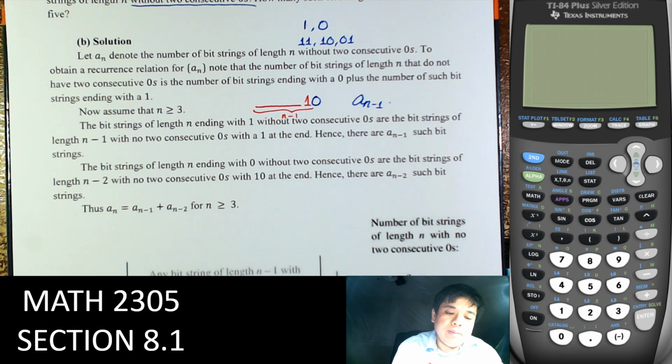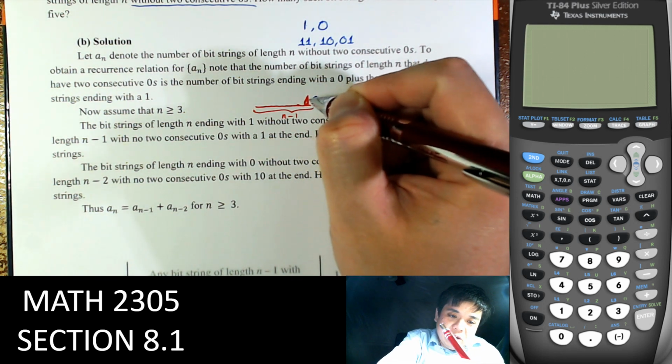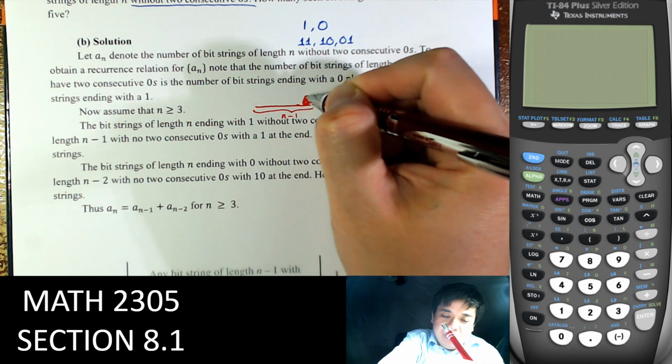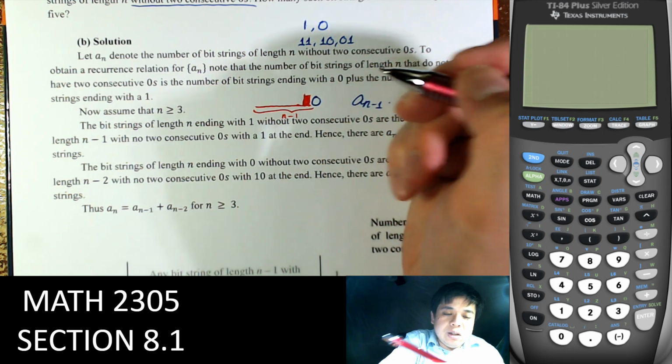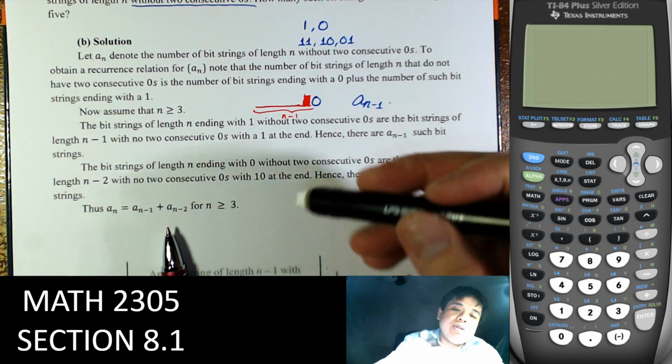Actually, this one doesn't matter if it's 1 or 0, could be 0 or 1. I'm just simplifying that by the box. So it doesn't matter if we start from, sorry, that was rather confusing.